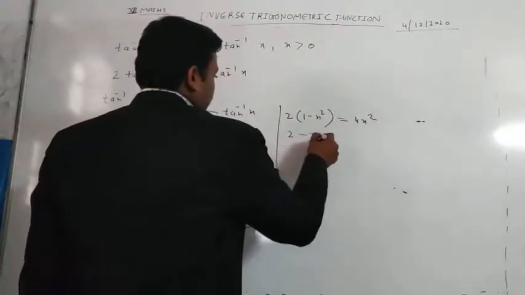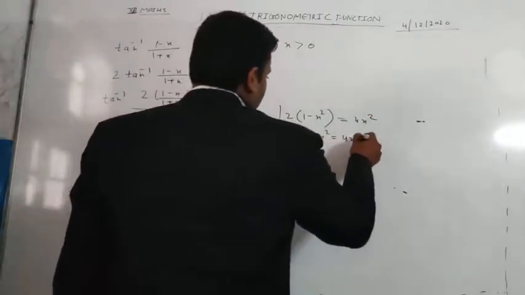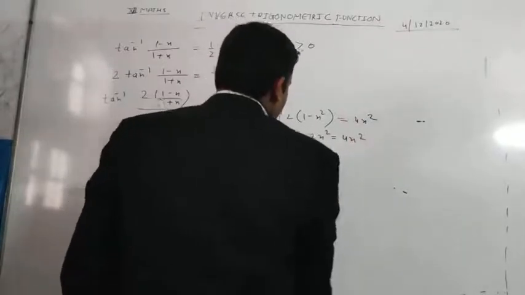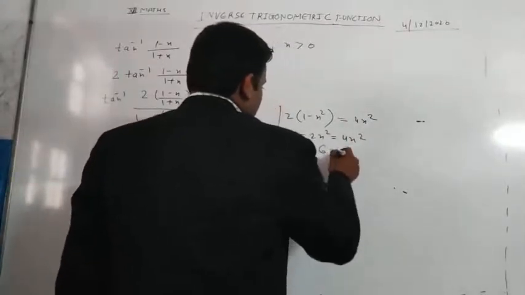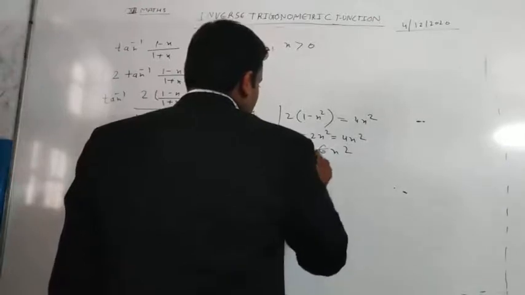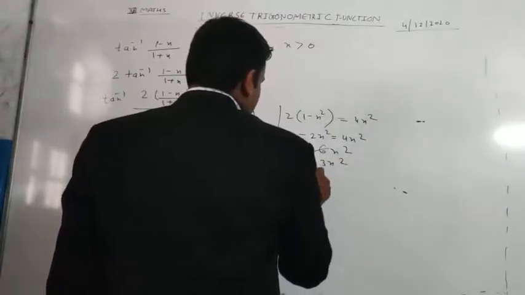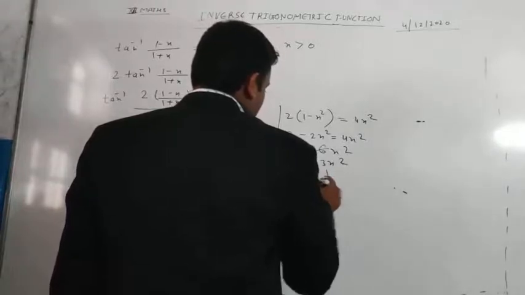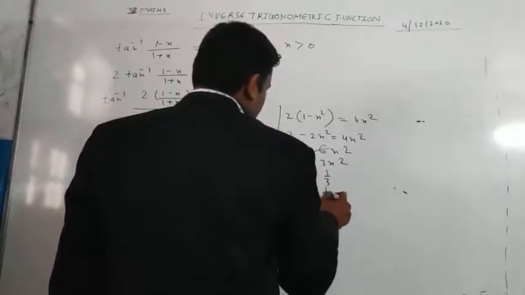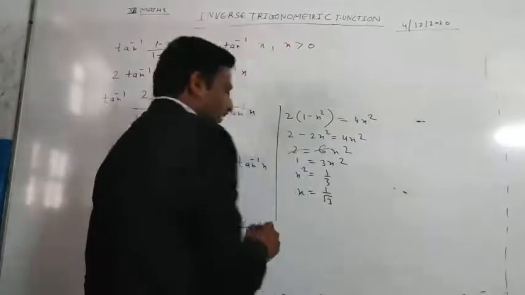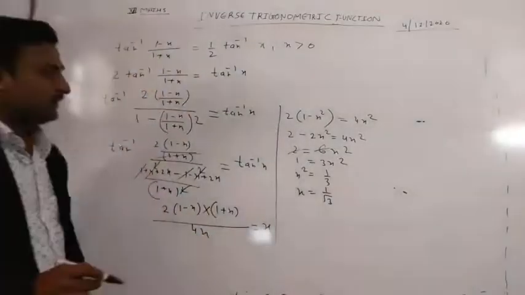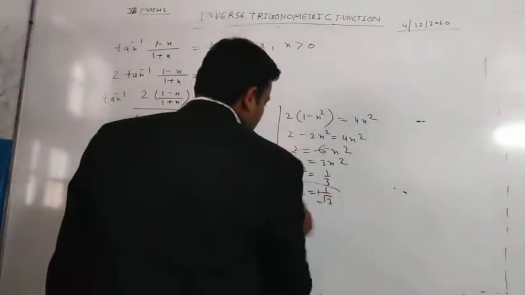So 2 minus 2x square is 4x square. 2 is equal to 6x square. So 1 is equal to 3x square. So x square is equal to 1 by 3. So x is equal to 1 by root 3. So it will be our answer.